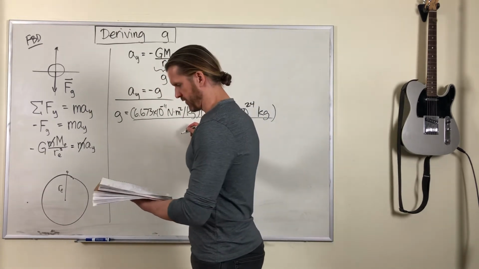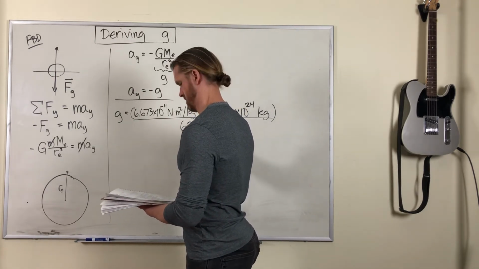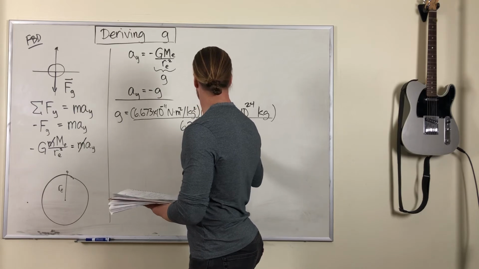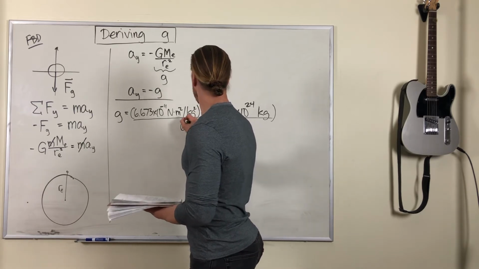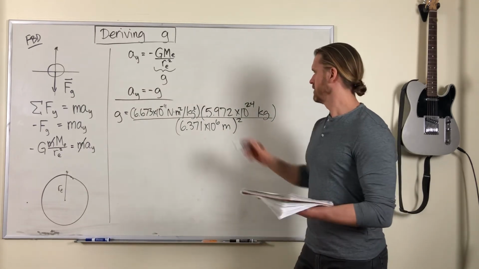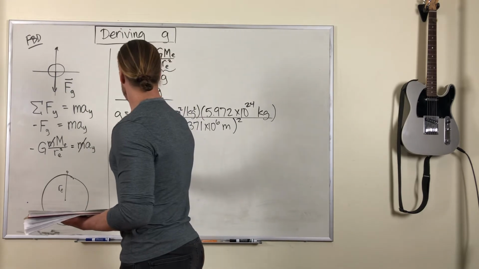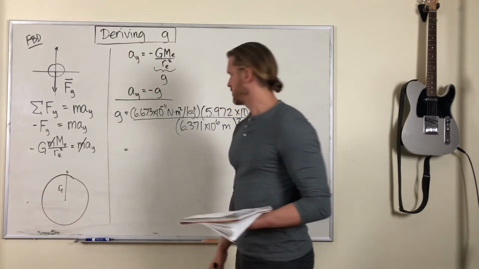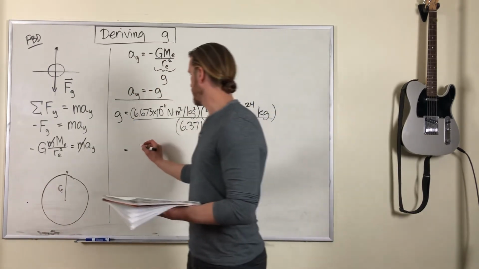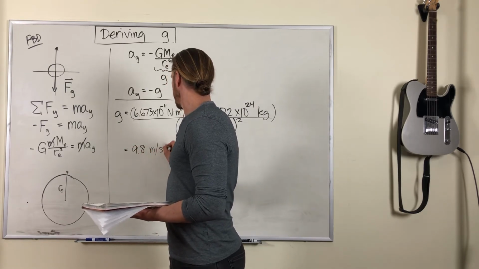The average radius of the Earth is 6.371 times 10 to the 6 meters. We square that when we put that on the bottom. And guess what? If you plug all that in, you get this magic number, 9.8 meters per second squared.